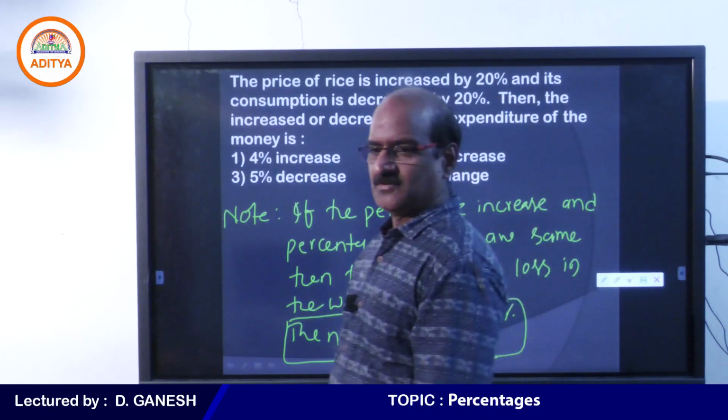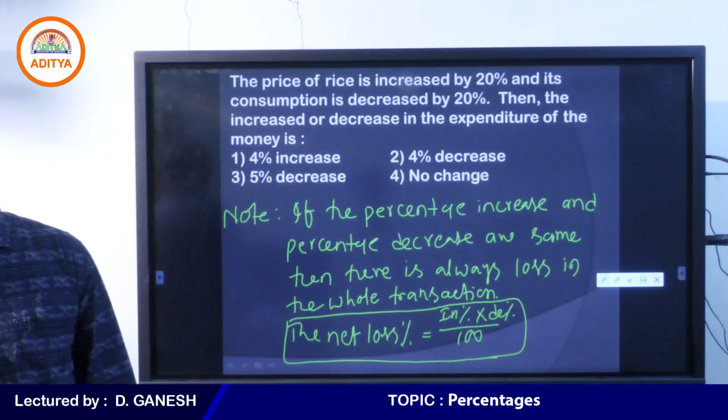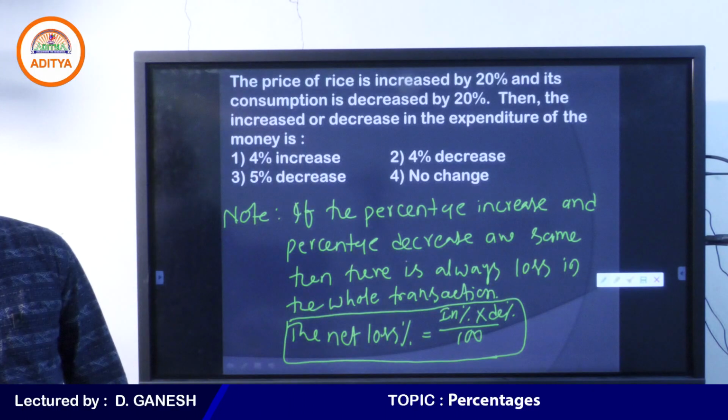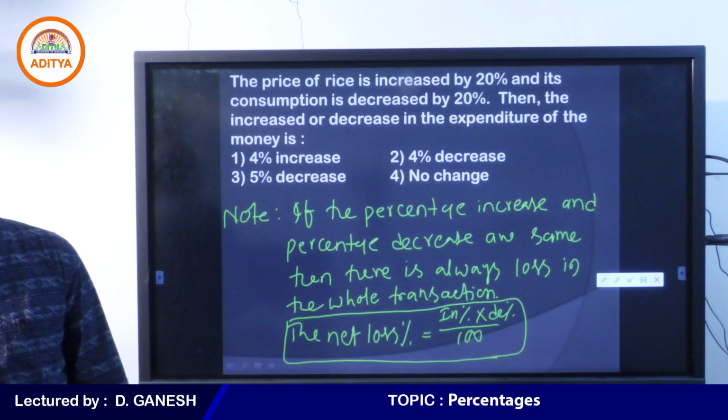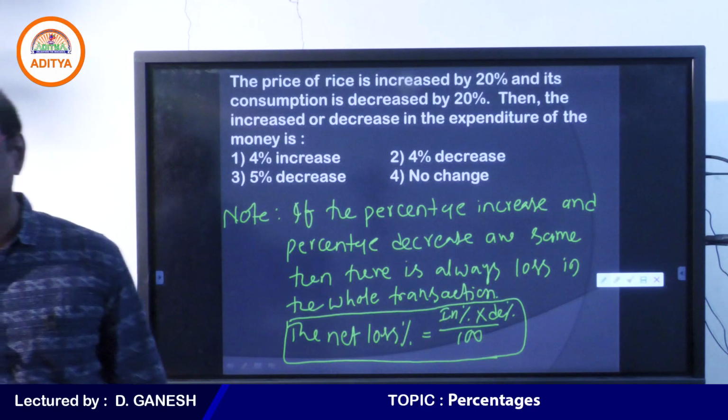So when the percentage increase and decrease are same, we can do this for every model where there is a similar change.